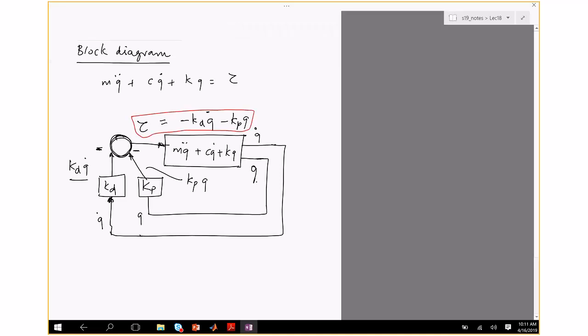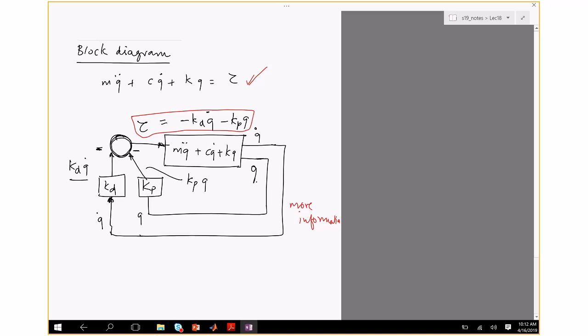So that's a block diagram, and people like to use these to talk about designing control systems. Compared to writing that equation, this conveys more information.